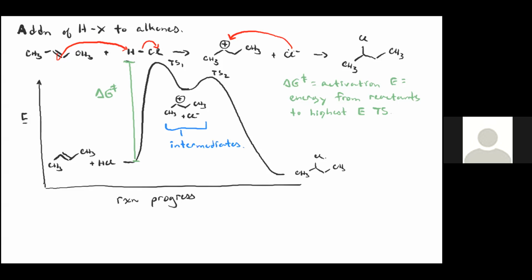The transition states are what happens between the bond forming and bond breaking orientations of the molecules between reactants and intermediates, or intermediates and products, okay?